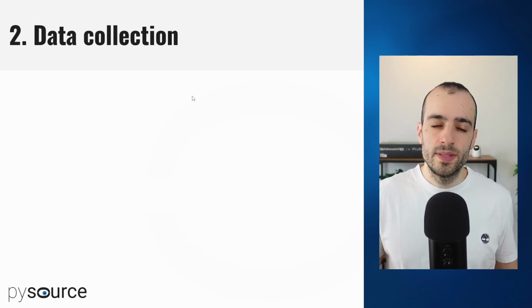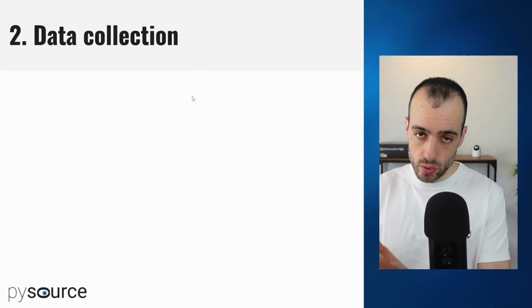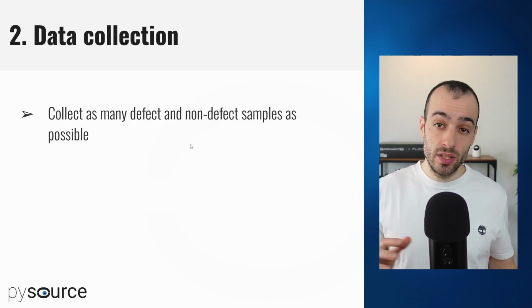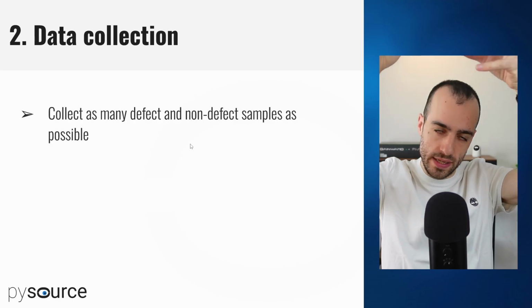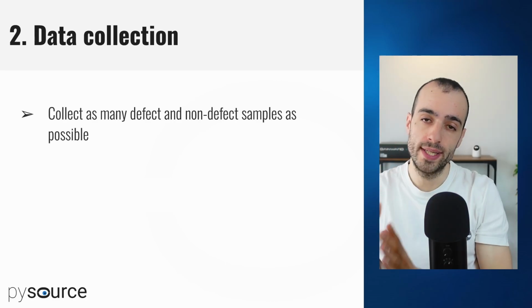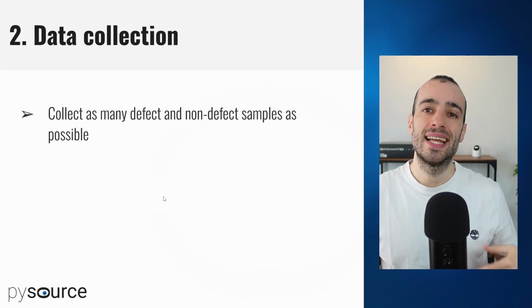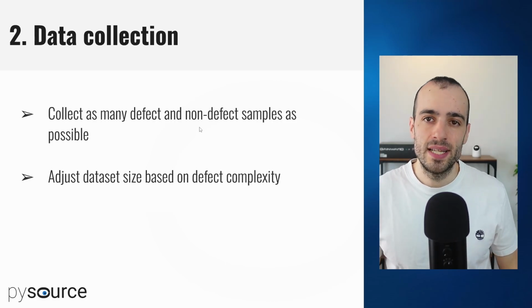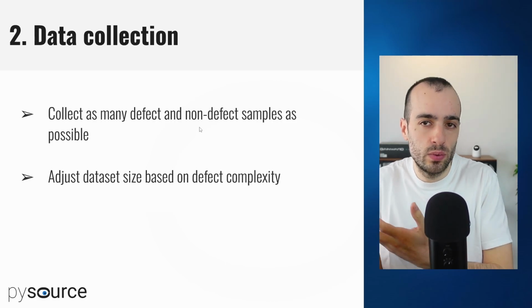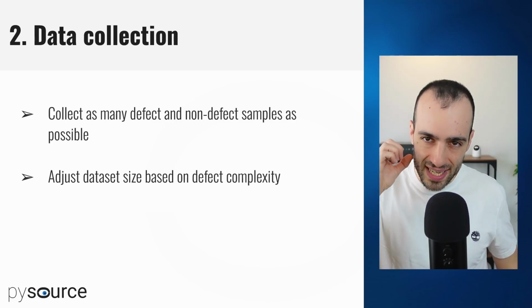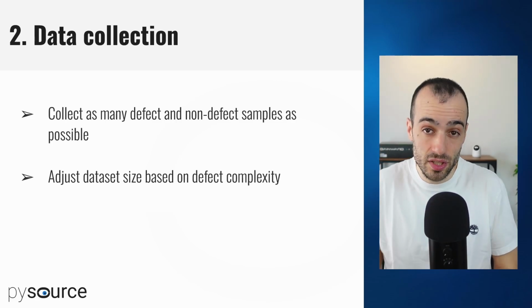After we have the setup, the first step is data collection. So we need to collect as many defect and non-defect samples as possible. With the industrial camera with no distortion, we need to take the pictures and collect as many samples as we can. We need to adjust the dataset size based on the complexity. I recommend starting with hundreds of samples, but this might require more if the defects are very small and it's very complex to identify them.